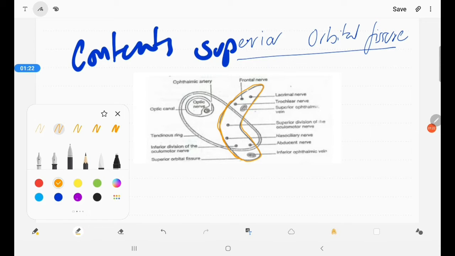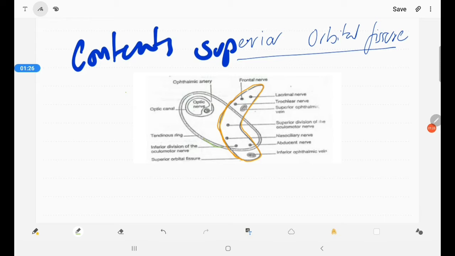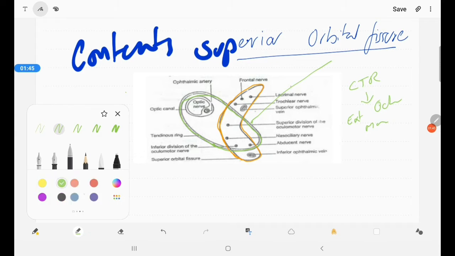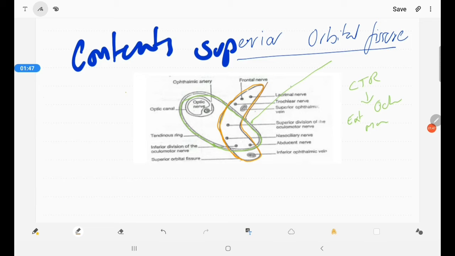Now that is being divided into three segments by something called the common tendinous ring. The common tendinous ring is formed by the extraocular muscles. This is actually the point of origin from where different muscles originate.